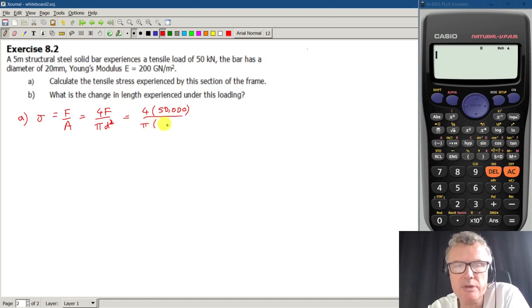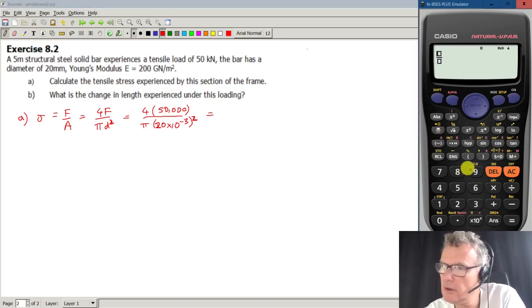Pi, the diameter is 20 millimeters. I let the calculator do the conversion for me. So I'm going to put in 20 to the minus 3, and I'm going to square that in my calculator. So my calculator will do the units conversion for me. So let's just put that in.